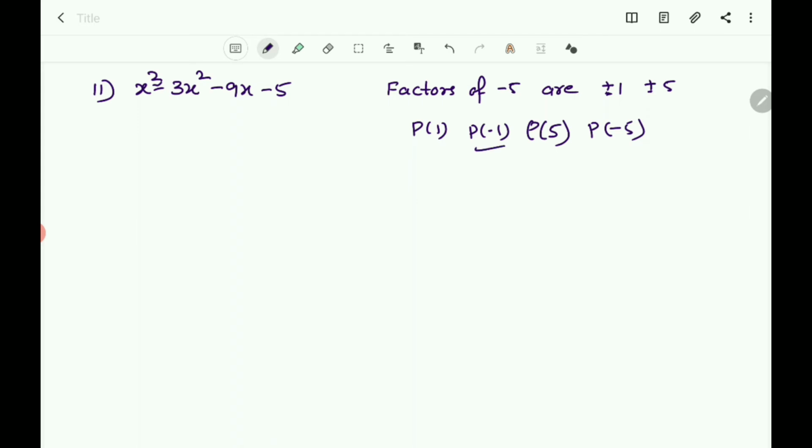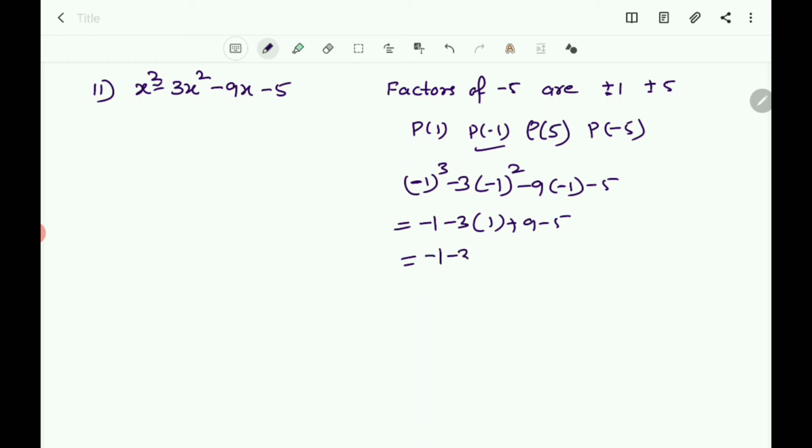Now verify for p of minus 1. Then it becomes minus 1 whole cube minus 3 into minus 1 square minus 9 into minus 1 minus 5 here. Minus 1 cube is minus 1. Minus 3 into 1, that is minus 3, and minus 9 into minus 1, that is plus 9, minus 5. So here it becomes minus 1 minus 3 plus 9 minus 5.